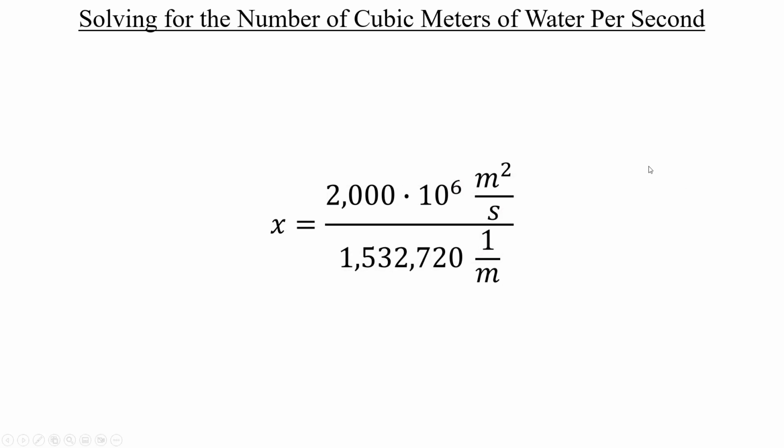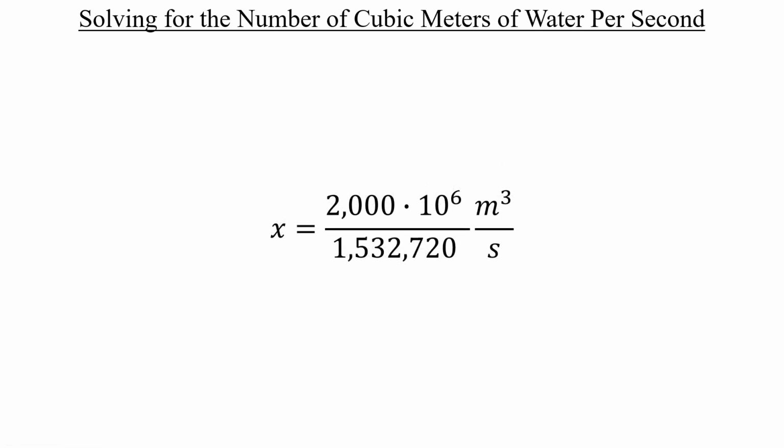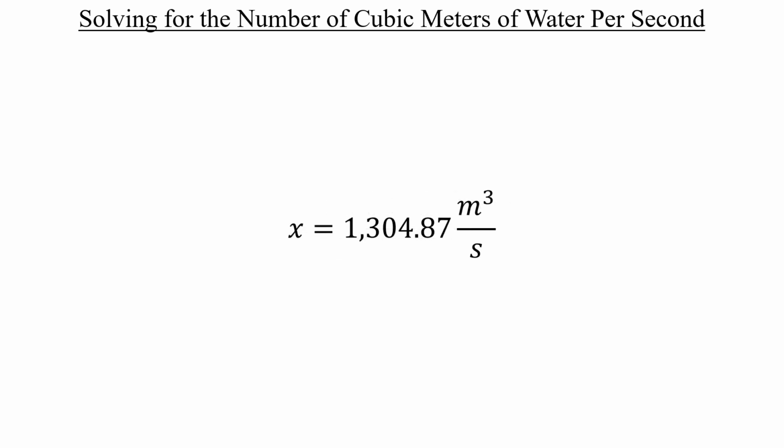If we divide meters squared by seconds, and then divide that by 1 over meters, well, that will add a factor of meters into our top unit ratio, which will turn it into meters cubed per second, just like we wanted. If we divide this remaining numerical ratio on our calculator, you should get a number pretty close to this one.